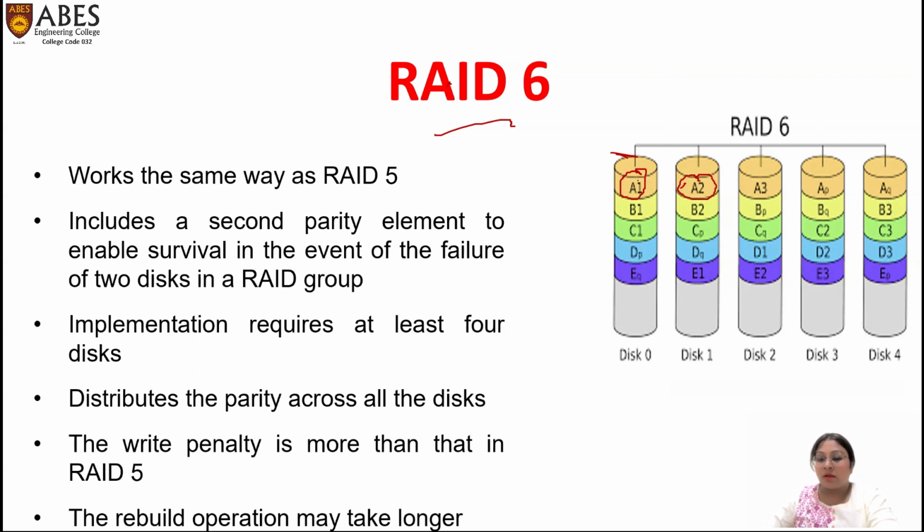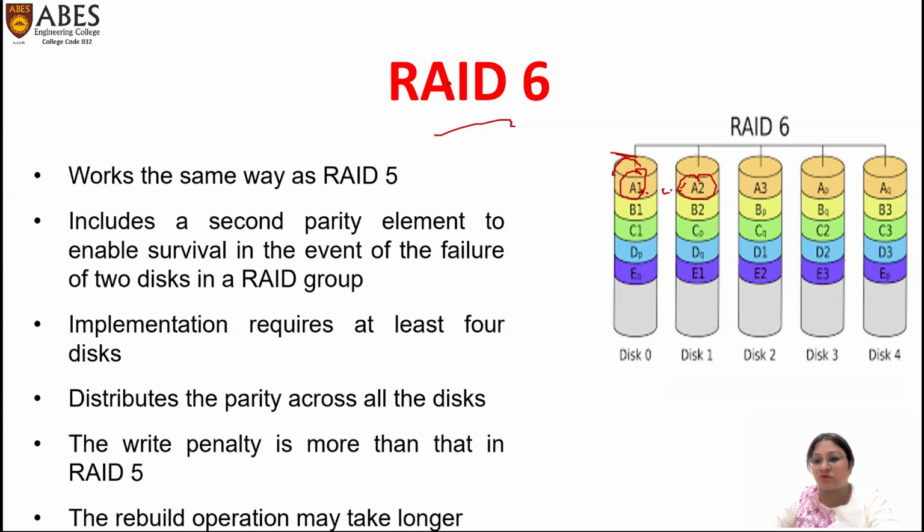Because if there is only a single parity, then you can retrieve the data of only one disk. But here you have failure of disks A1 and A2. If there is only one parity, then recovery of A1 and A2 is not possible.